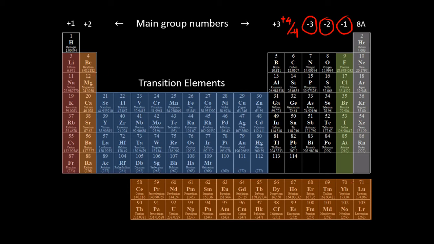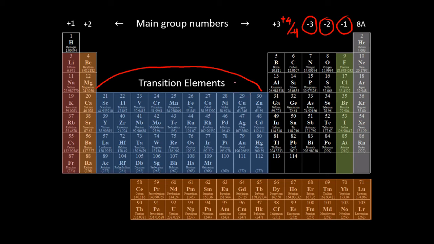So the main point of this slide here is just when we're trying to determine what the ionic charge is most likely to be for an element, its location on the periodic table is a very big clue. Now there are a few exceptions that we'll see to this later on, mainly with these guys in here. You might have noticed I didn't say anything about those.